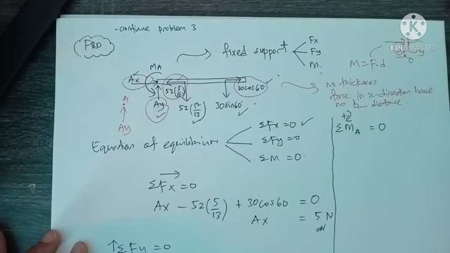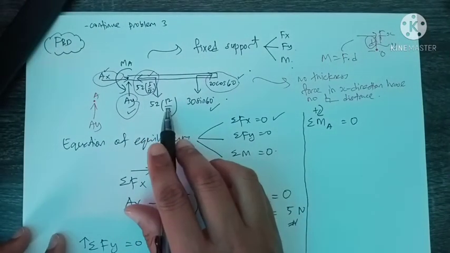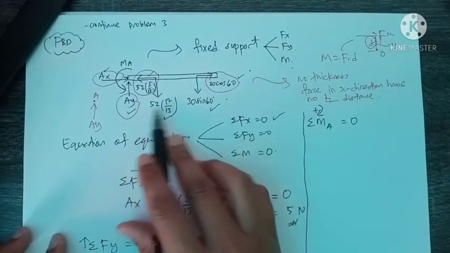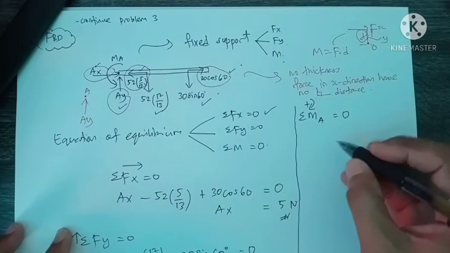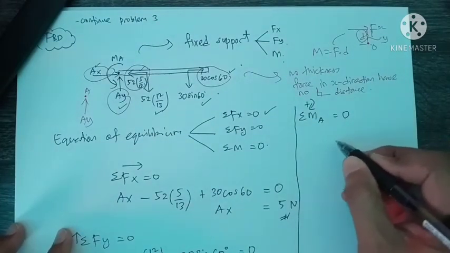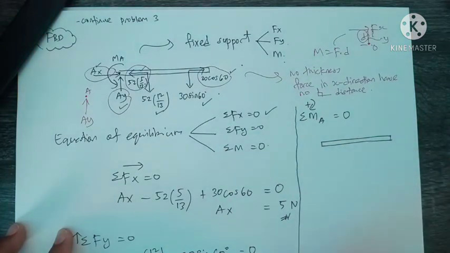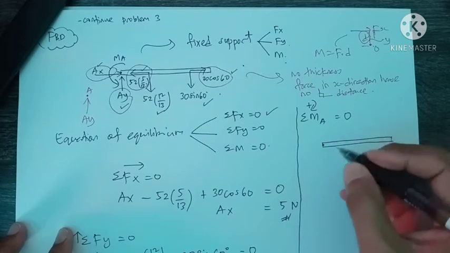So now we can simplify the equation. We are going to see how these two forces produce moment at point A. This is quite a revision. How can we get the moment?